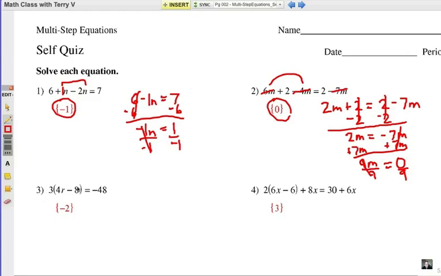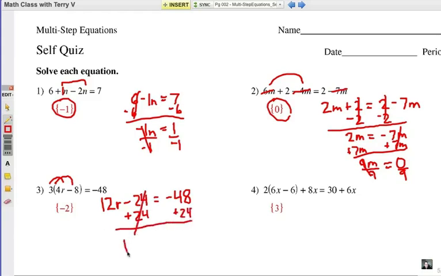Number 3, now we have the distributive property when you see these parentheses multiplied out. So it's a two-step multiplication, and that gives me 12r minus 24, remember to multiply it twice there, equals -48. Okay, the -24 is a free number, so get rid of that by adding. And always do it on both sides, of course.